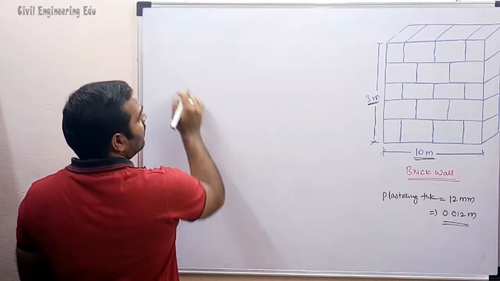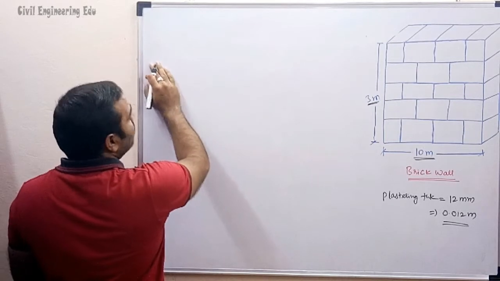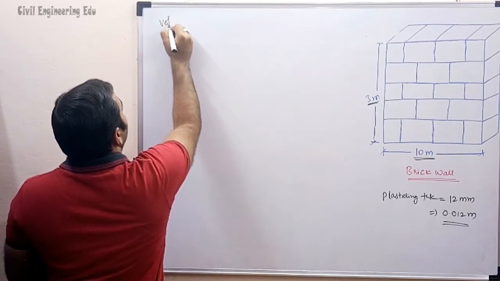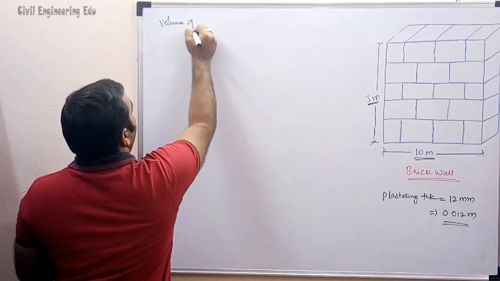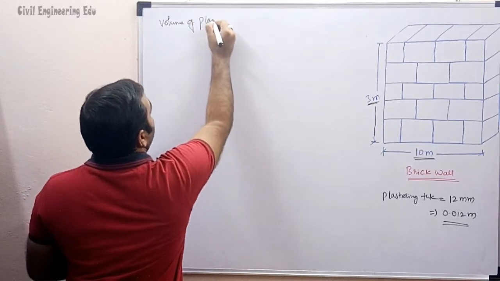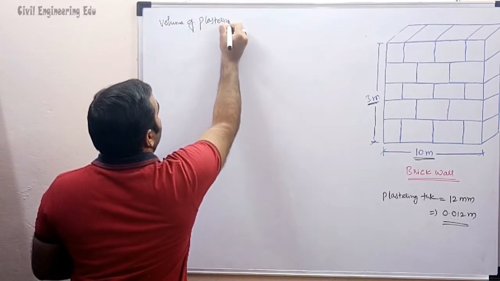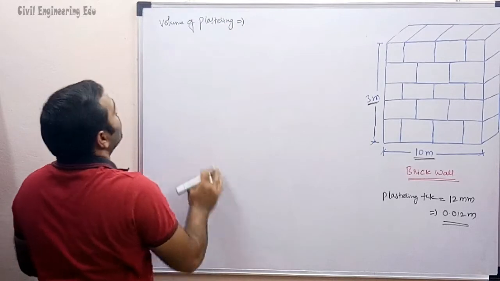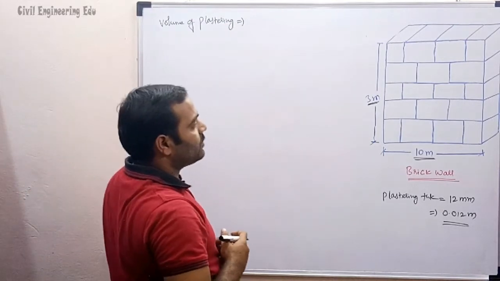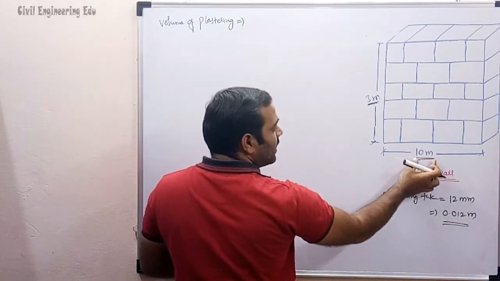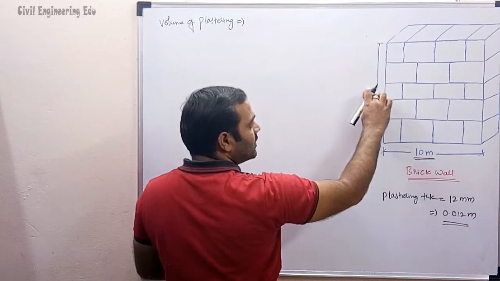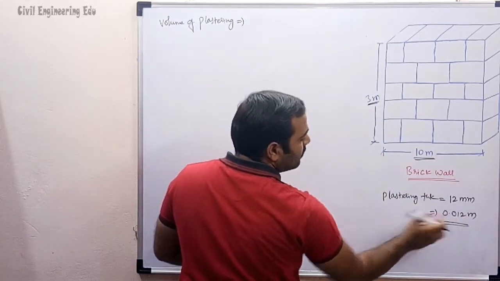So first of all, we will find out the volume of plastering. To find out the volume of plastering, what we have to do? We have to multiply length and height of the wall first, then multiply with the plastering thickness.